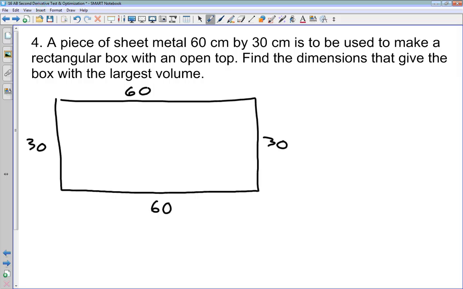To make this into a box with an open top, they want you to cut out a square from each corner. And all of these squares will be exactly the same size.